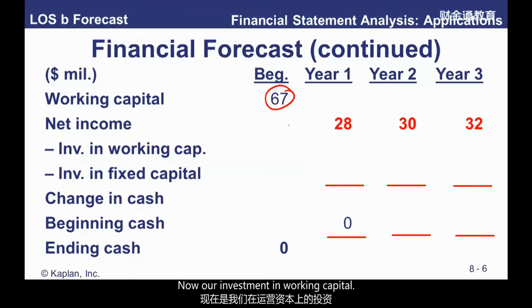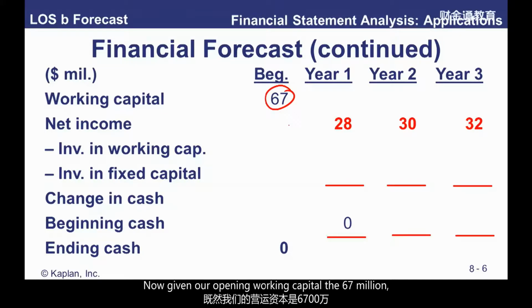Now, our investment in working capital. It said our non-cash working capital will be 70% of sales. Now, if we look at sales then in year one, 100 million, 70% of that gives us 70 million.